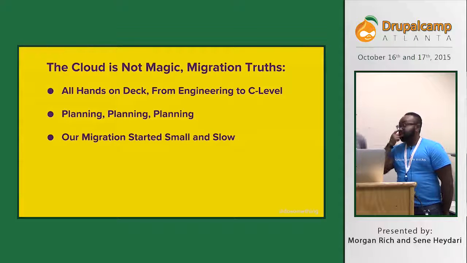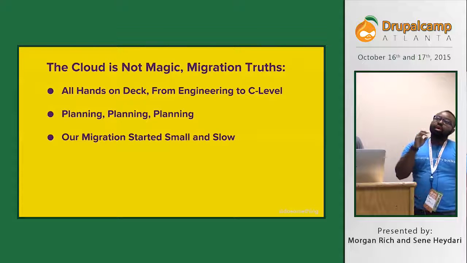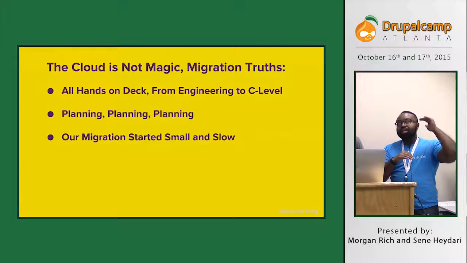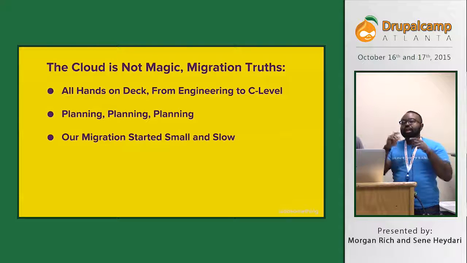Yeah, so this is sort of the same thing about how our migration started really, really small and really slow. And especially when it came time to move Drupal over, because in the private cloud we were running the stack was Akamai and then Varnish and then we had three webheads and then the two database servers.